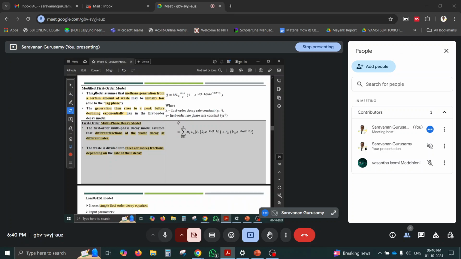Then they have given the modified first order model, because we need to assume methane generation from a certain amount of waste, since not all waste will produce methane. Some may be glass, stones, metals, or many recyclables. Only organic matter like food waste, textiles, and yard waste will be decomposed and converted into methane by biological processes.